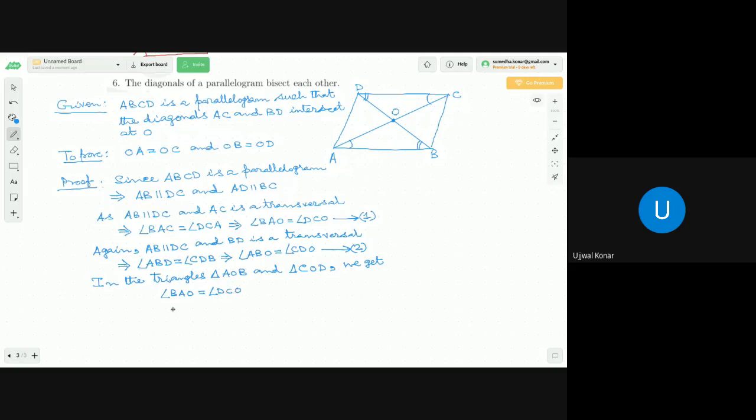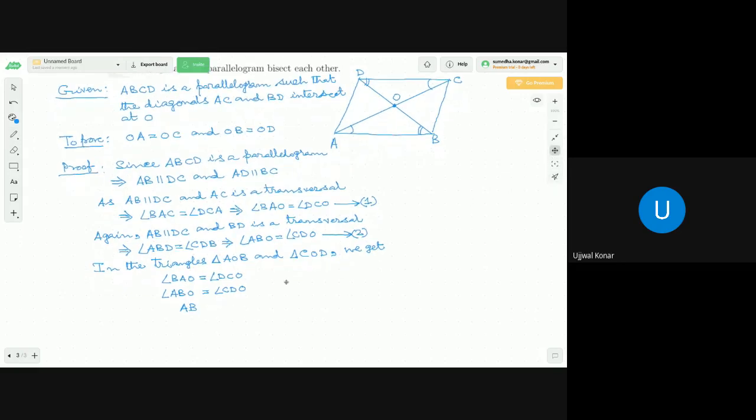Angle ABO is equal to angle CDO. Okay, and AB is equal to CD.